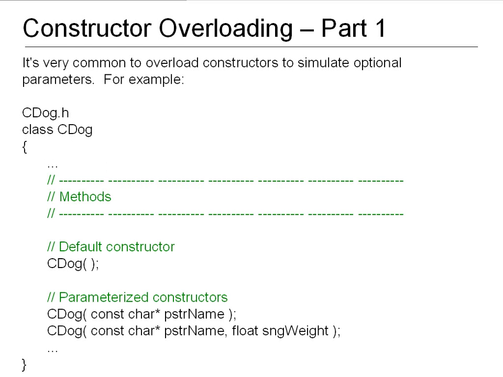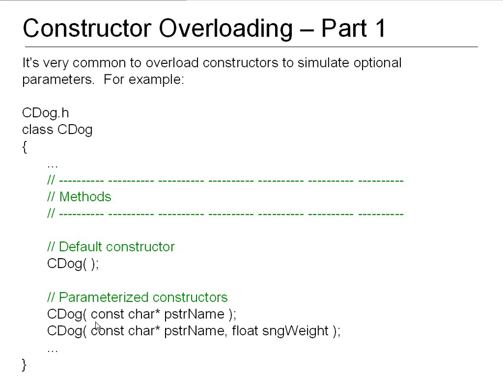It's very common to overload constructors to simulate optional parameters. So for example, we have our CDog.h file, and in there we have class CDog. We have probably some properties. Then we have what's called the default constructor, and then we have other constructors that take parameters.